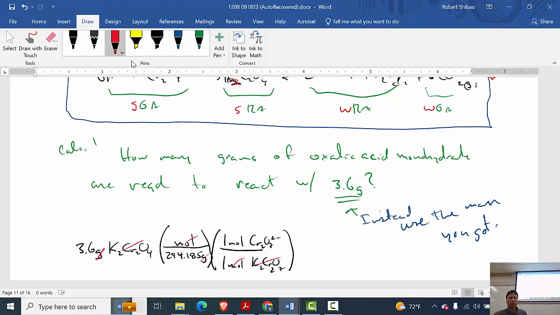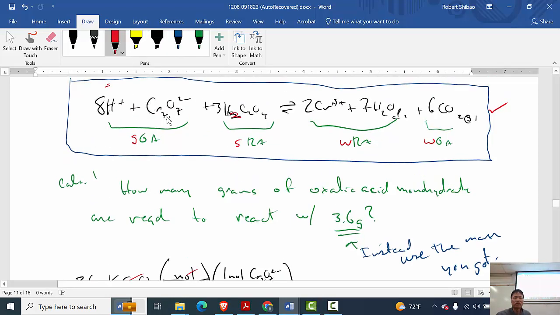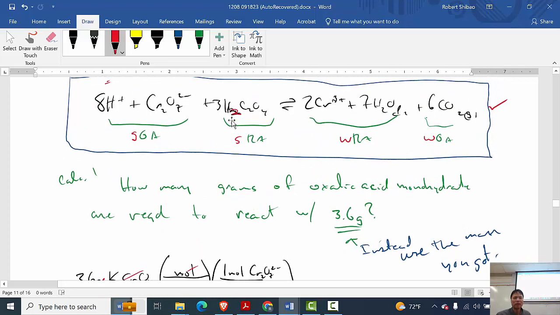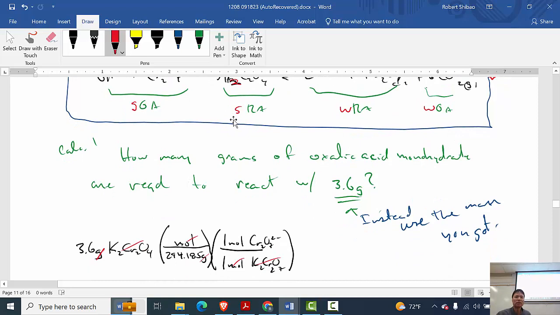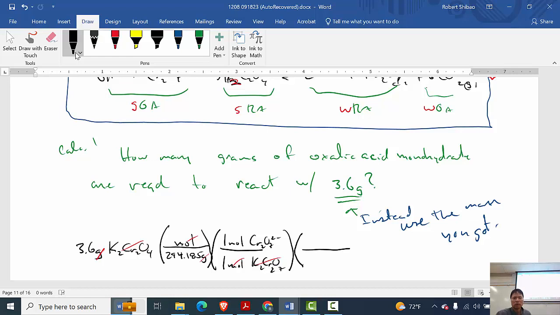That leaves me with moles of dichromate ion. And then I take a look at the mole ratio. For every dichromate, I'll need 3 oxalic acids. So for every 1 mole of dichromate ion, I'll need 3 moles of oxalic acid.